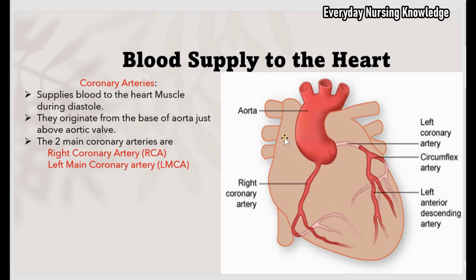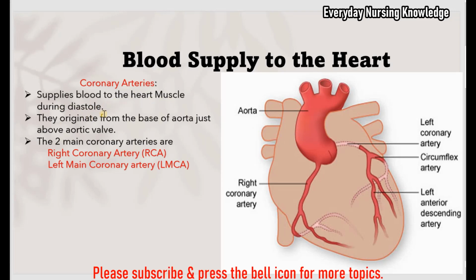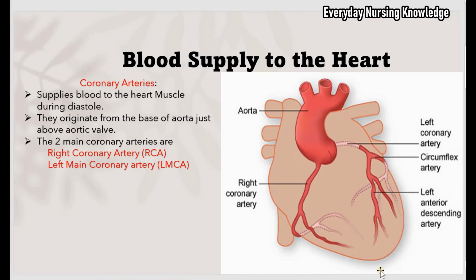Now it happens during diastole. That means when the heart contracts, or pumps, in systole, the heart pumps blood to other organs, to the systemic circulation, and other organs receive oxygenated blood, whereas that's opposite in the case of the heart. So the heart receives oxygenated blood when the heart relaxes, or diastole. When the heart relaxes, the aortic valve closes.